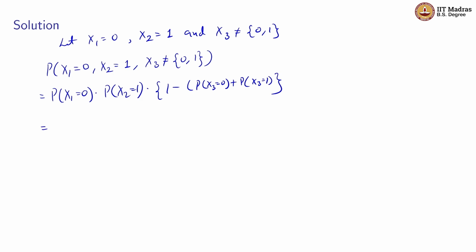And now on using the PMF of the Poisson distribution, probability x1 is equal to 0 will be e raised to the power minus lambda, and lambda here is 3, so e raised to the power minus 3 into 3 raised to the power 0 by 0 factorial.